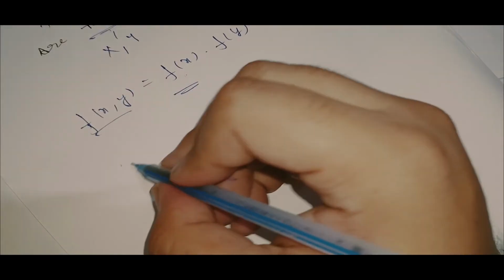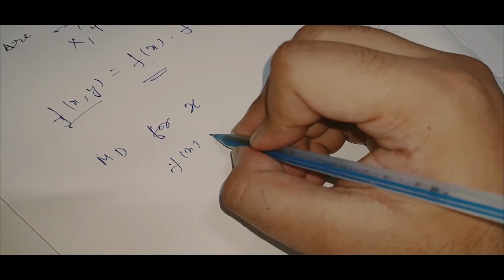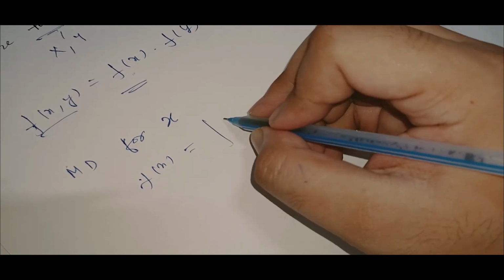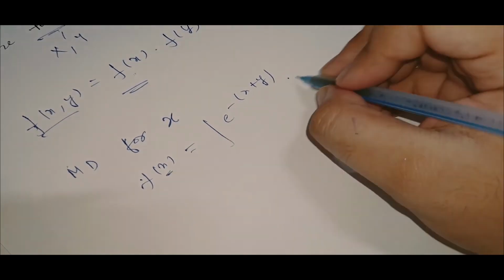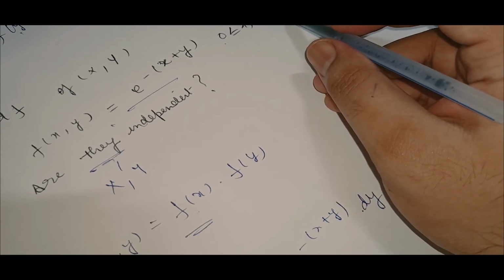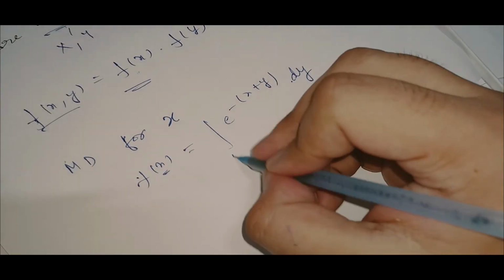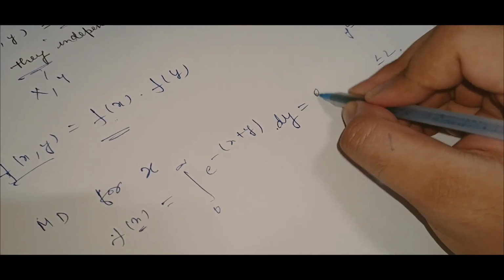So the marginal density for x would be f of x, the integral of e to the minus (x plus y), and here it is x, so it would be dy. The limit of y is from 0 to infinity, so that would be e to the minus x.